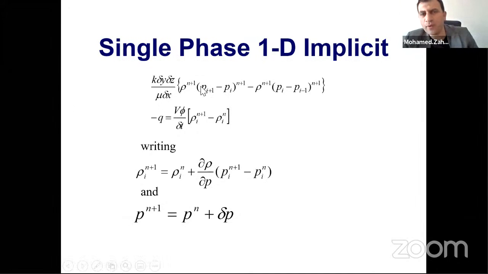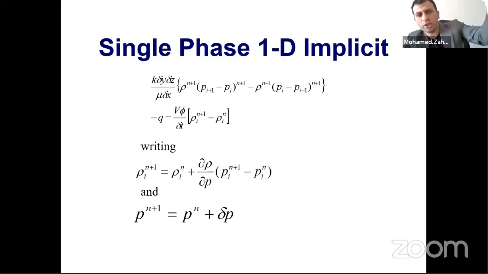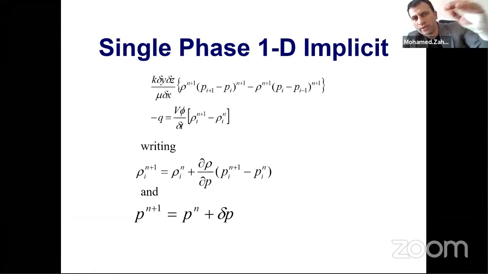Then we solve for the pressure at the next time step, because you have fluid properties in the equation, like beta O, viscosity, and density. When you solve the equation, you have an initial pressure, and you are going to another pressure, for example from P1 to P2.